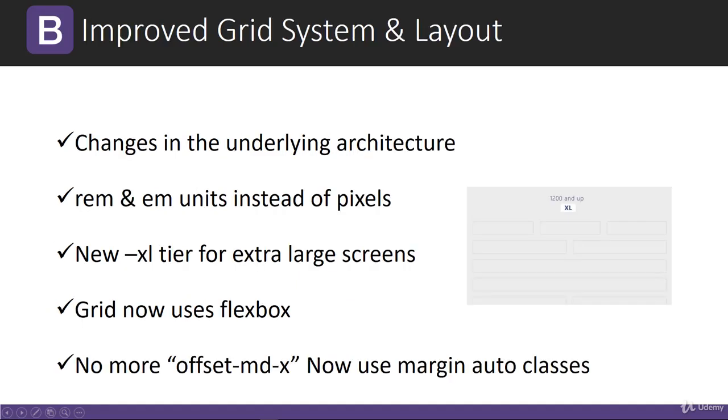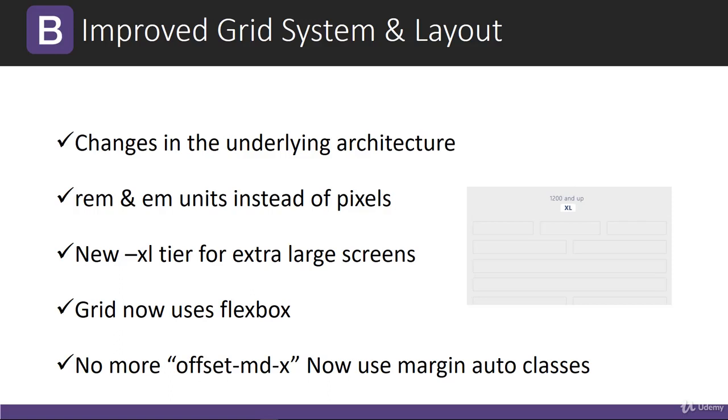So Bootstrap 4 also has an improved grid system and layout. Most of the changes are in the underlying architecture, so it uses rem and em units now instead of pixels. This makes it more responsive. There's also a new XL tier for extra large screens. Okay, so now you have your SM, your MD, LG, and now you have XL for extra large screens.